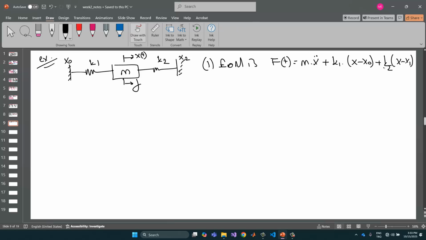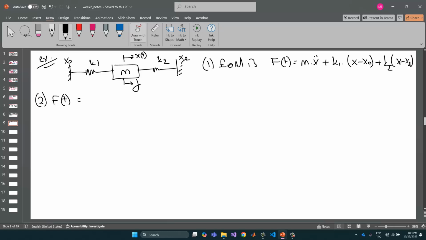K2. So, if x0 and x1 are equal to 0, then we will have this equation. F, x, yes, thank you.